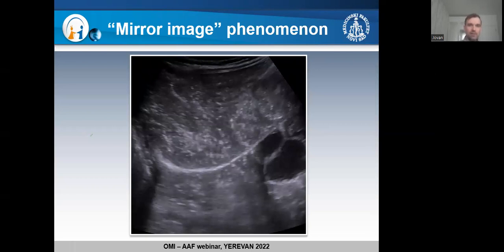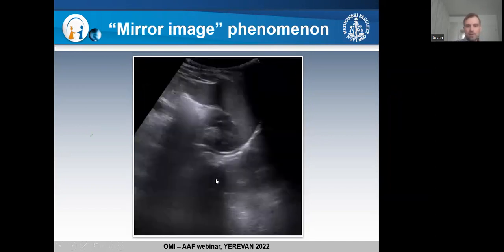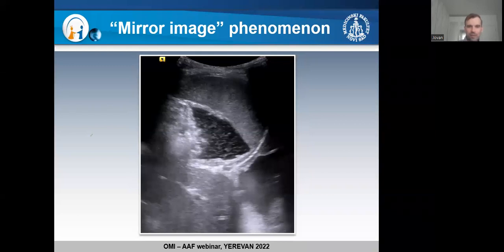However, there are other things that can project over the diaphragm. Here you can see portal venous gas projecting supradiaphragmatically. Look at here. There is a kidney that reflects supradiaphragmatically. And take a look at here.